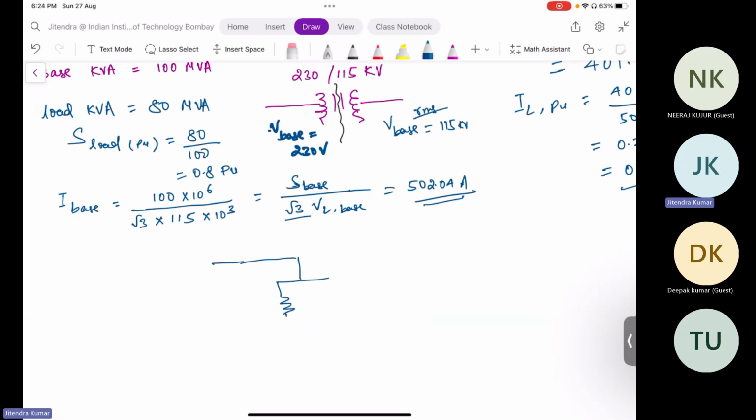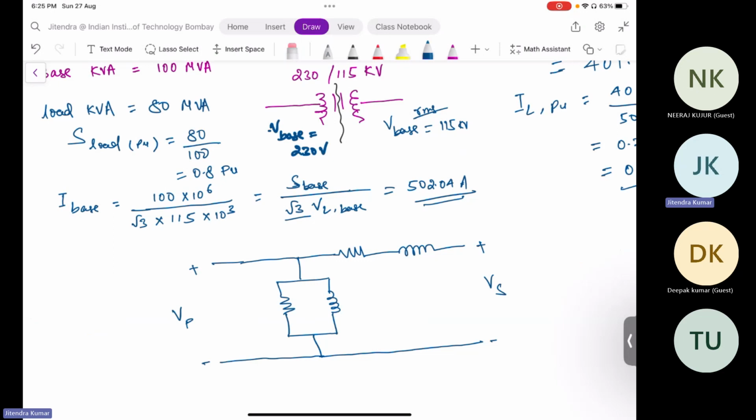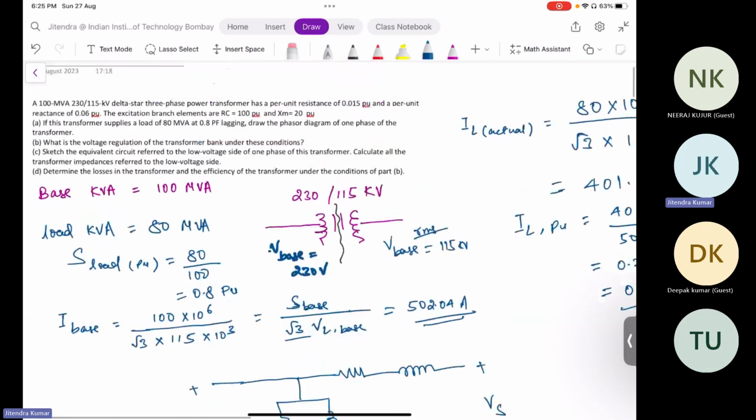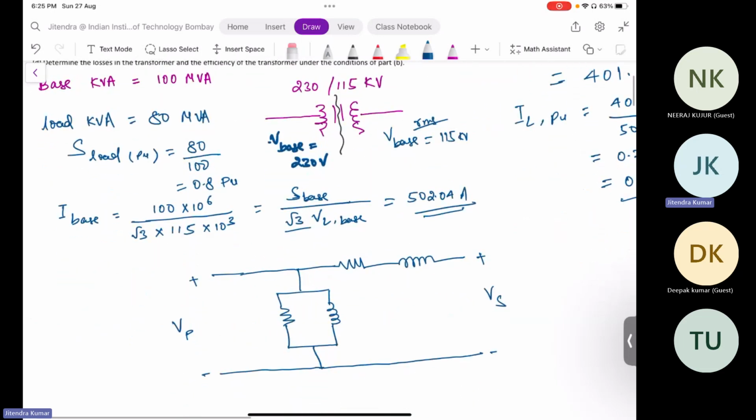We will have excitation resistance and magnetizing inductance, and this is the secondary voltage and this is the primary voltage. The excitation resistance is 100 pu, 100 pu and 20 pu.